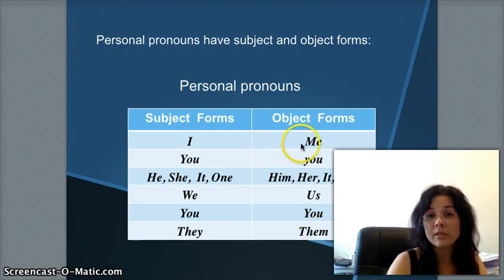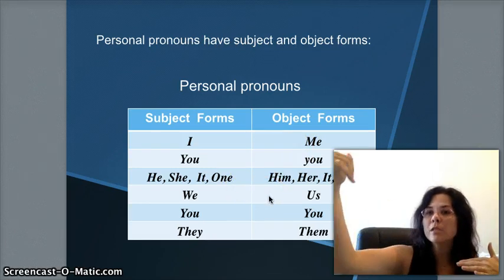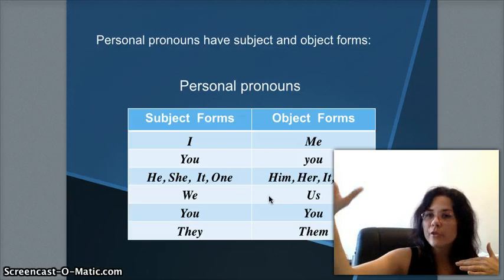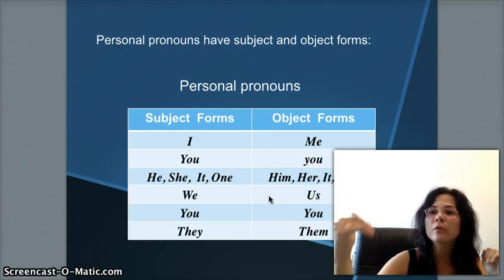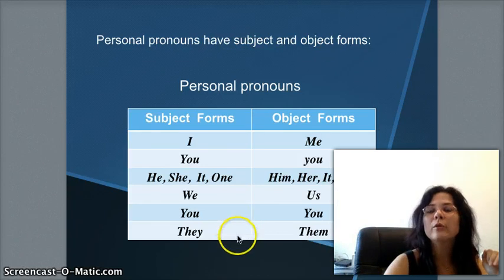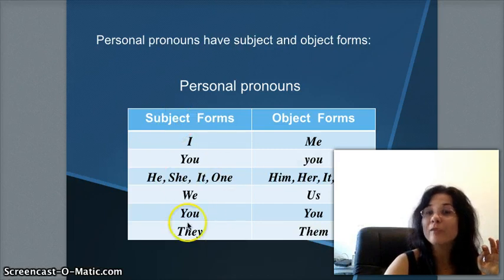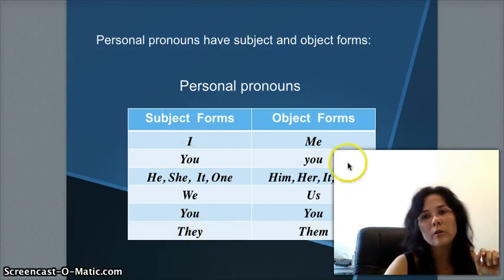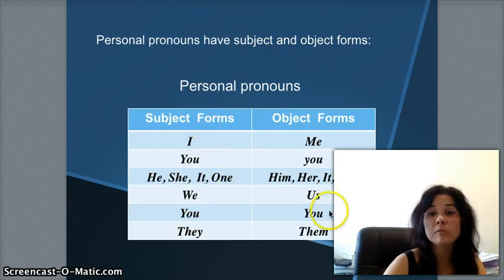Pay attention that they are exactly in the same position for first person singular, second person singular, third person singular, first person plural, second person plural, and third person plural, okay? So the difference here are the forms, subject forms or object forms, or also subject pronouns, object pronouns, okay?